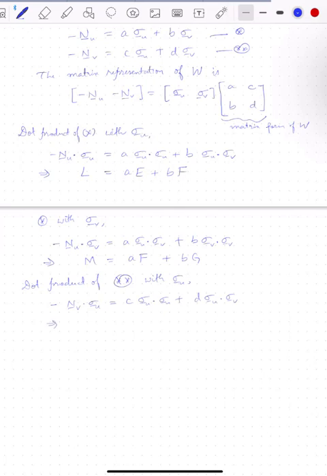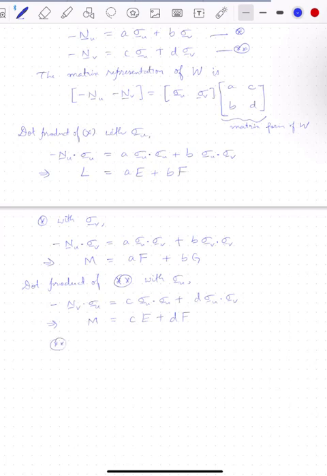And this implies that this is the expression for m, and sigma u dot sigma u is just e, and sigma u dot sigma v is f.